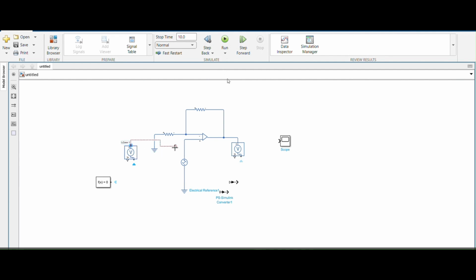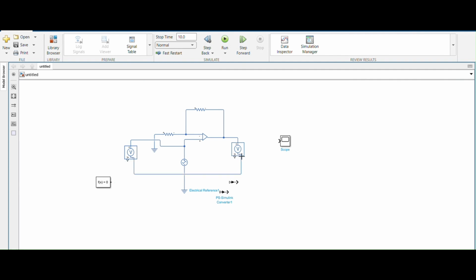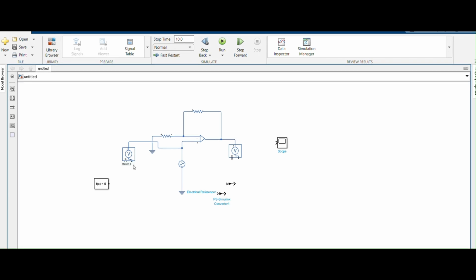The voltage sensor will be connected to the op-amp, connected with the Vout, and connected with the ground.